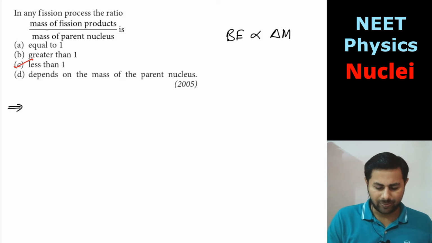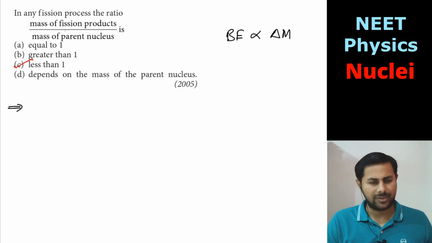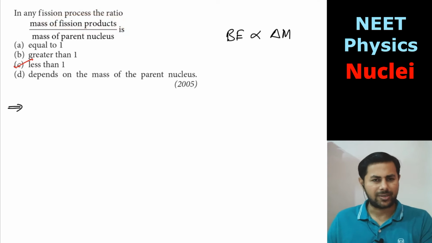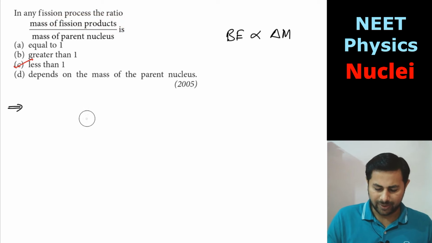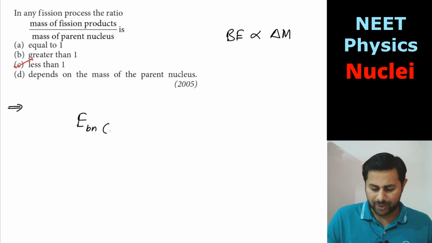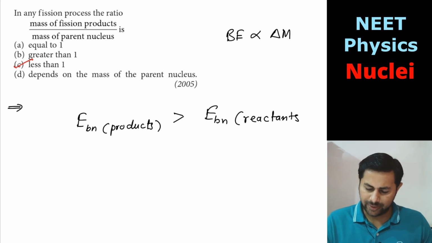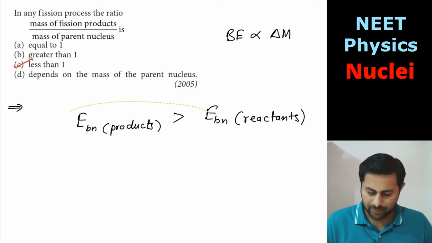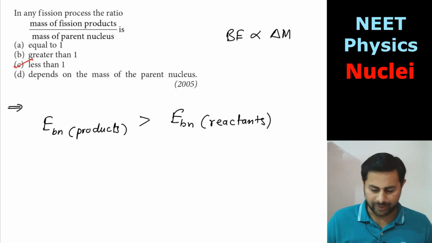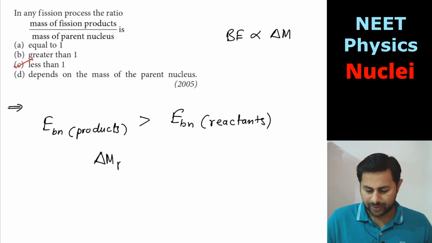And we know in case of fission or fusion, in both cases, what happens? The binding energy of the products is greater than the binding energy of the reactants, right? And therefore, if binding energy is greater, then delta M of products is greater than delta M of reactants.